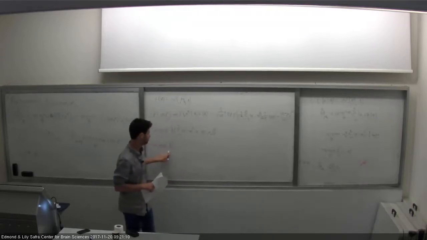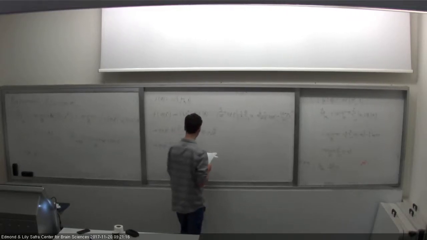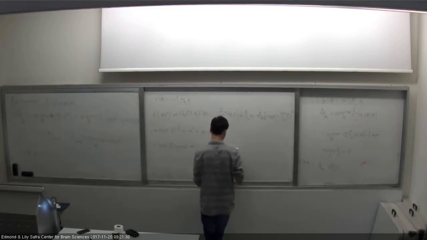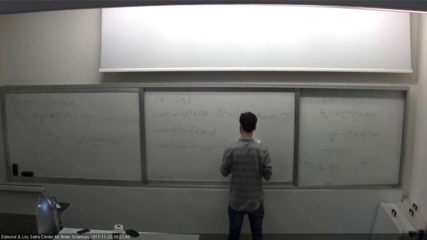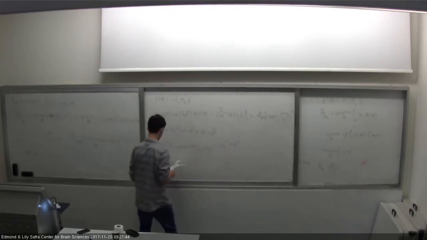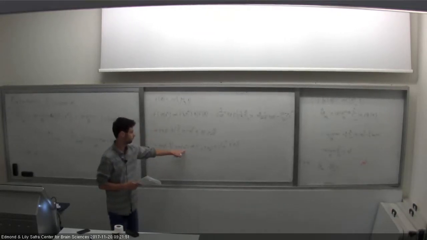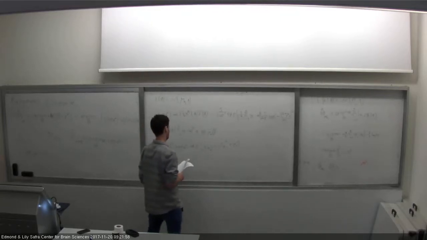So this is equal to the exponent of minus half of (n plus 1) theta squared minus 2 theta times the sum over xi plus mu 0, plus the sum over xi squared plus mu 0 squared. We have here theta and theta squared, and also a term that doesn't depend on theta.